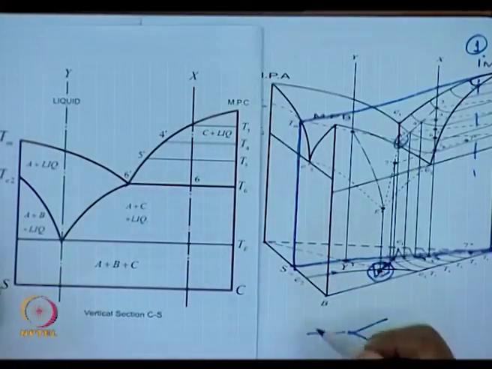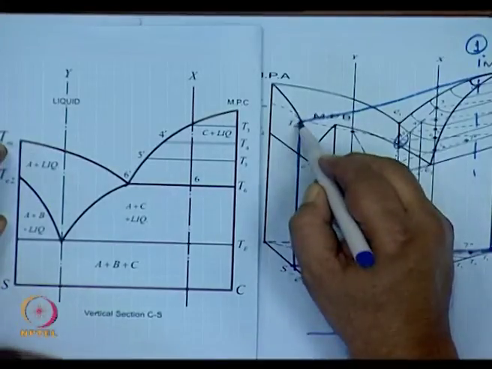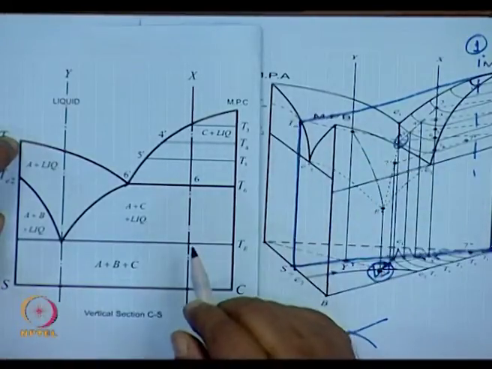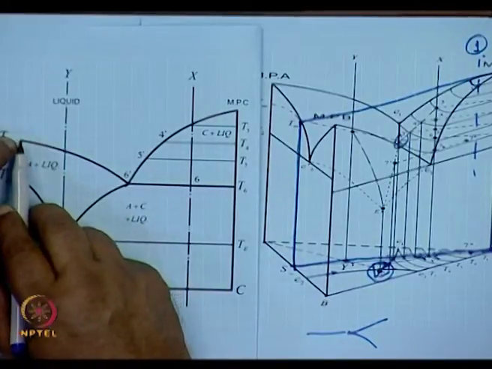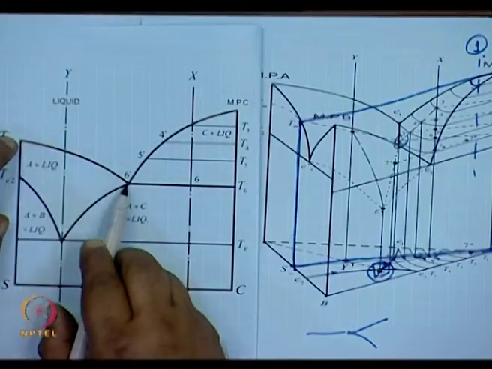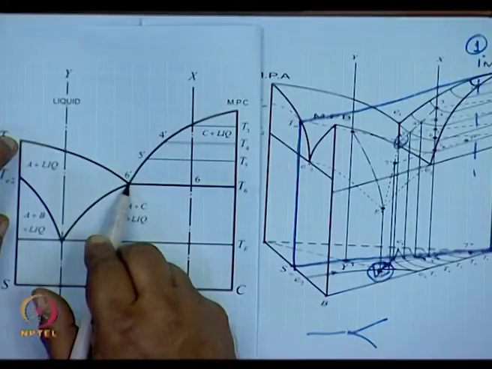At this particular end, S, what do I have? I have this melting one. And here A forms and just cools down to 6 dash.